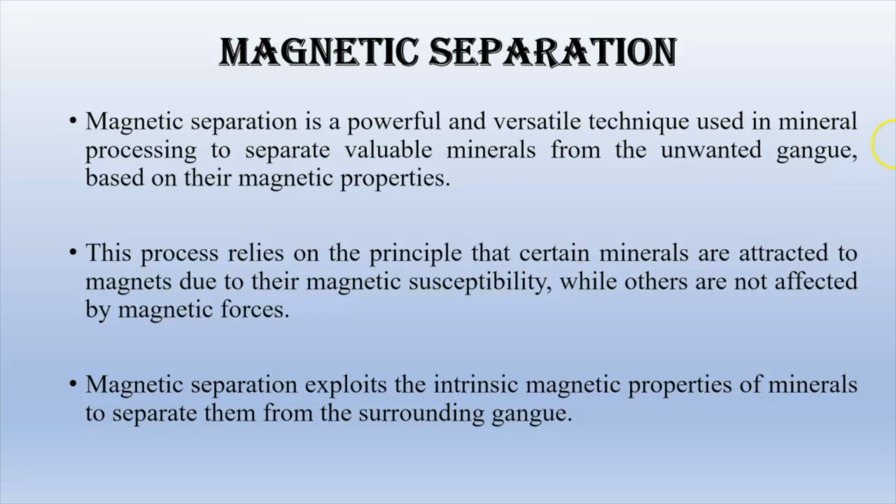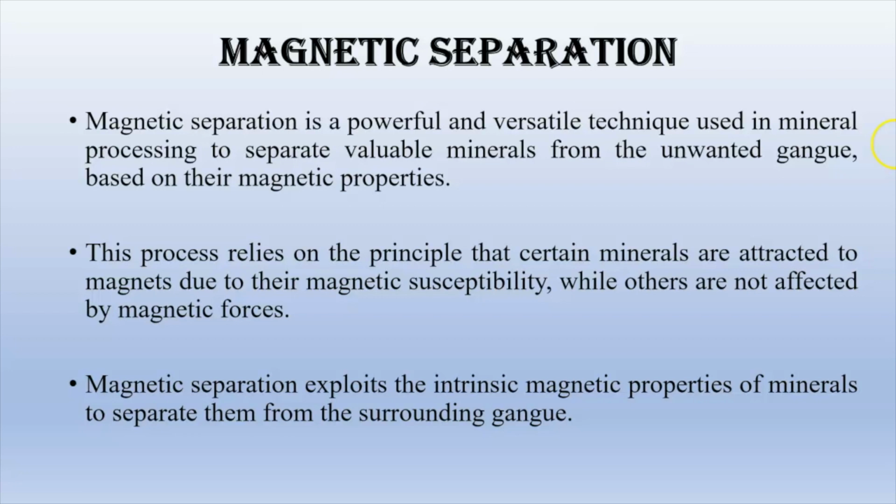Magnetic separation is the other way of concentrating the ore. Magnetic separation is also a powerful and versatile technique used in mineral processing to separate the valuable minerals from unwanted gangue based on their magnetic properties.